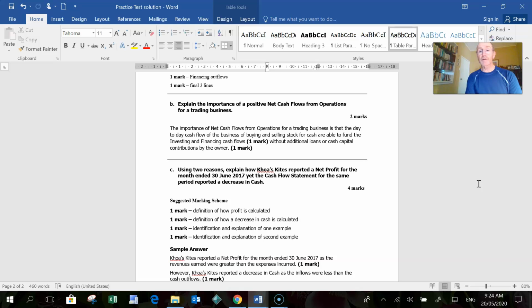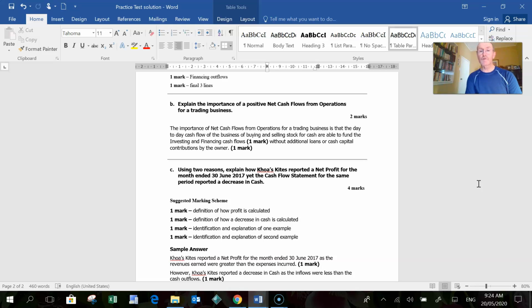So your inflows compared to your outflows. And you can see here that if I don't generate enough cash, then the only way this business can survive is to keep going into debt, either bank overdrafts, taking out loans, or the owner has to contribute capital. Otherwise, it's got to look at ways of slowing down the outflows, so cutting back on paying accounts payable. So none of those things are great results.